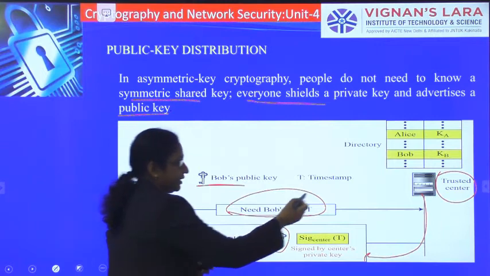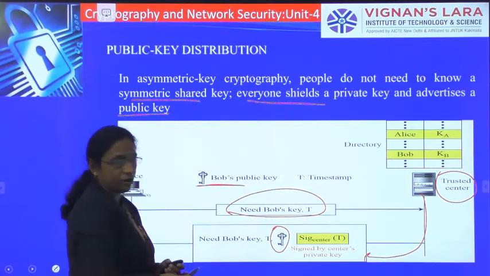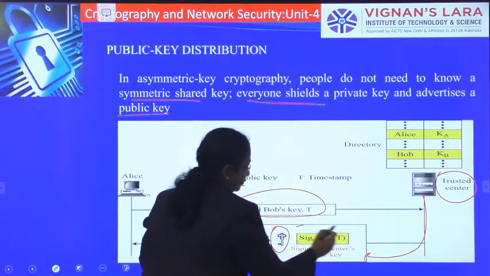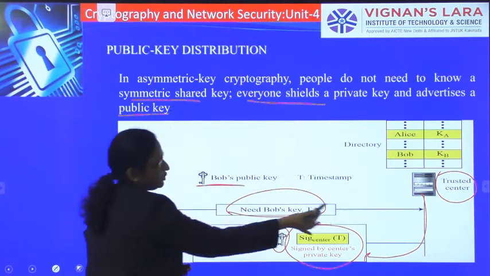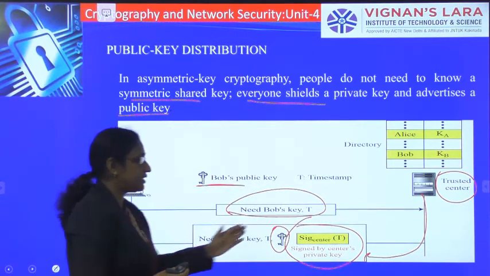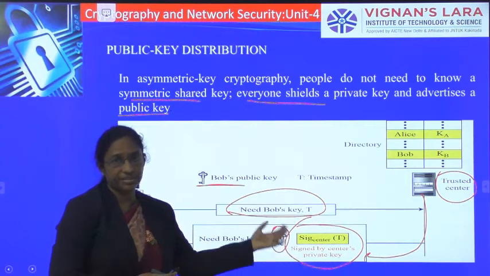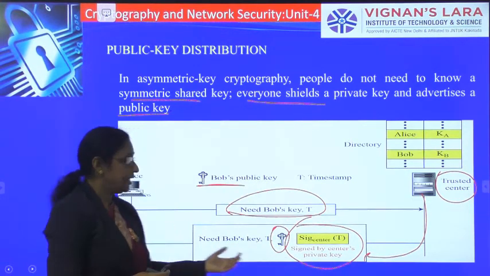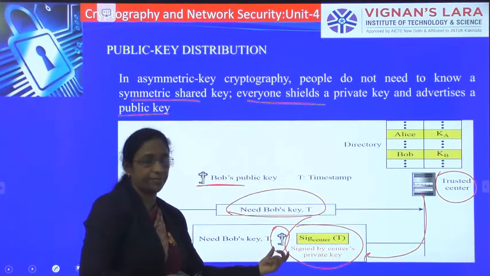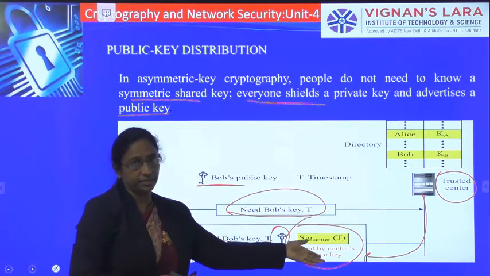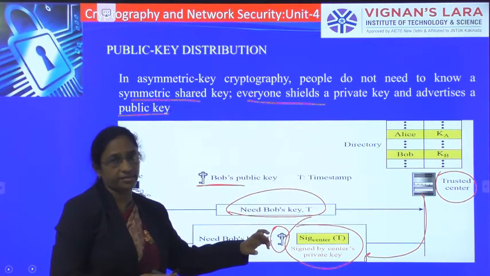The trusted center sends the public key of Bob along with the signature of the trusted center. This signature is for authentication purposes, so that Alice knows she has received this public key from the trusted center and not from any unauthorized person.